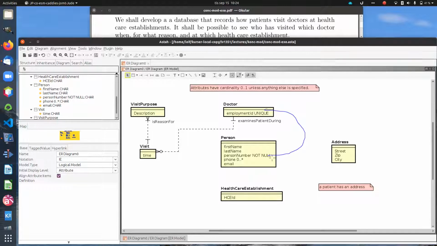And also the doctor can of course also get ill and have to go and see another doctor. So therefore this association, this relation between doctor and person enables the doctor to also be a patient, because there would be a relation between person and visit, right?